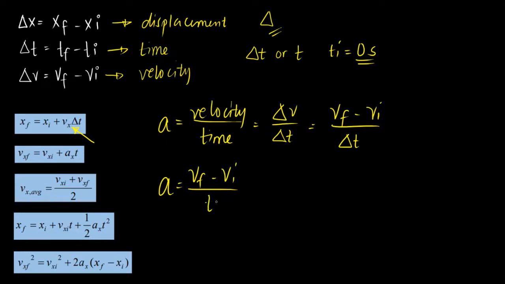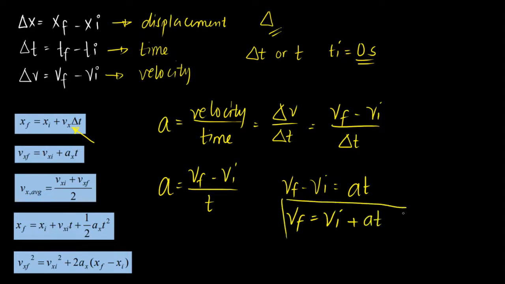That's fine. Same lang. Okay. So, gusto naton si vf ang mapabilin sa diri nga side. So, this is equal to at. Now, vf is equal to, transpose si vi, vi plus at. Okay. And this is your second formula. So, duwa natin ka formulas, human na. Okay?